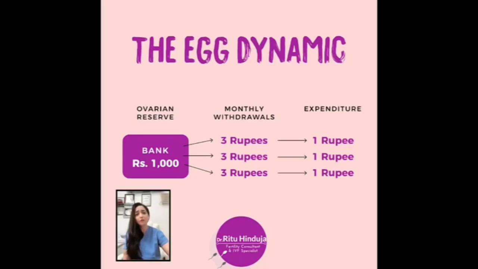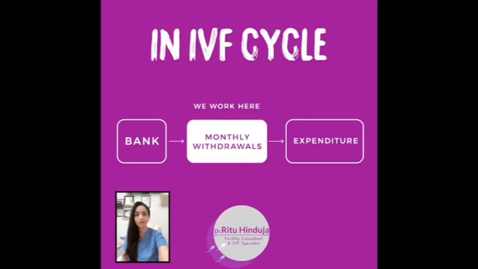But if you have only 1,000 rupees in your bank, you can withdraw only 3 rupees every month. And you can spend irrespective of the withdrawal. Remember, I told you that you can spend only 1 rupee. The same way, you'll be spending only 1 rupee, but your withdrawal is what will be affected if your ovarian reserve is affected. So if the money in your bank is less, your withdrawal amount will also become less.